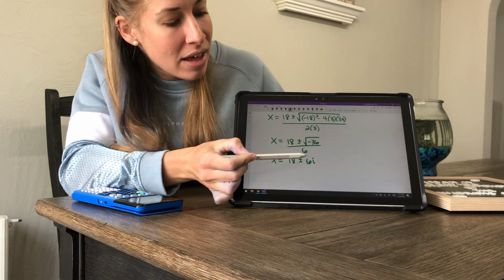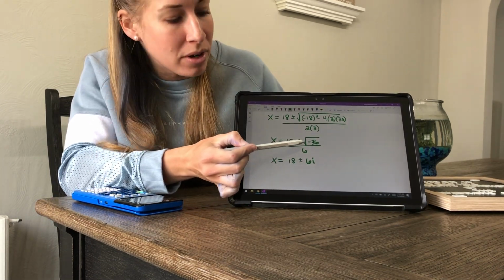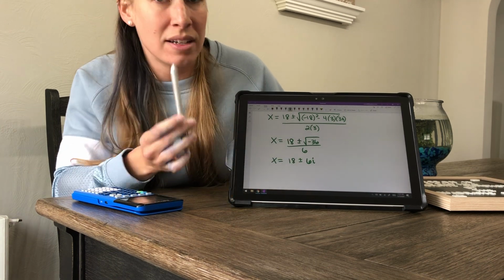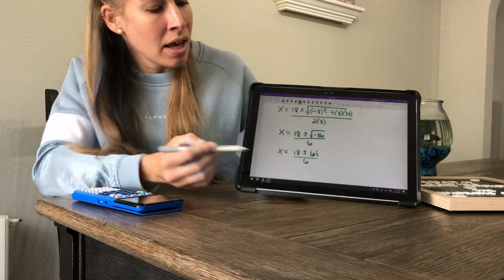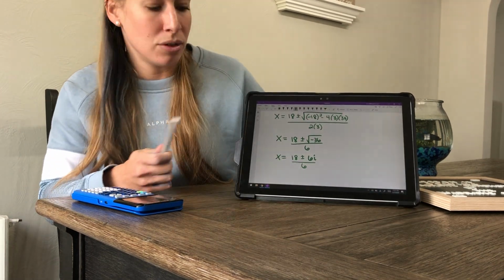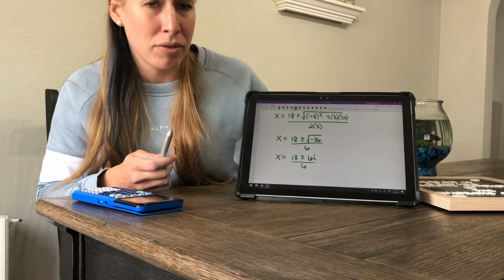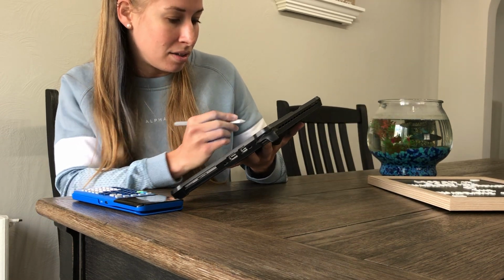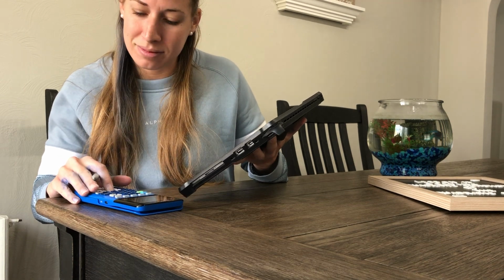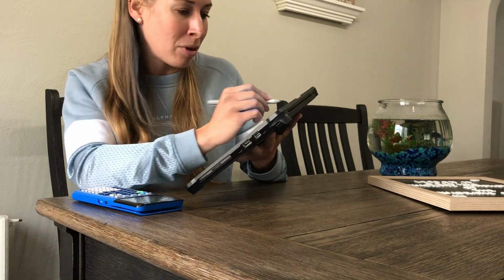Okay, so taking out the imaginary part, the square root of negative 1, and then the square root of 36 is 6, and then all divided by 6. And then 18, 6, and 6, you can actually divide all of those numbers by 6. Okay, a little bit of a brain fart there.